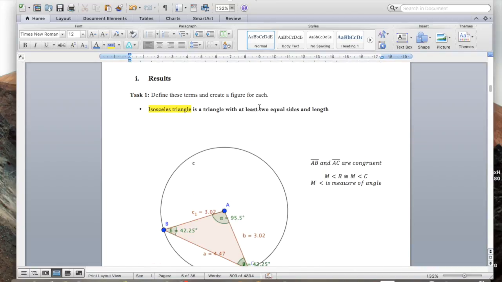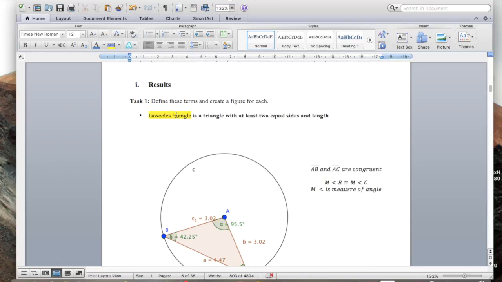And this is the result that I got. This is about defining the vocabulary.